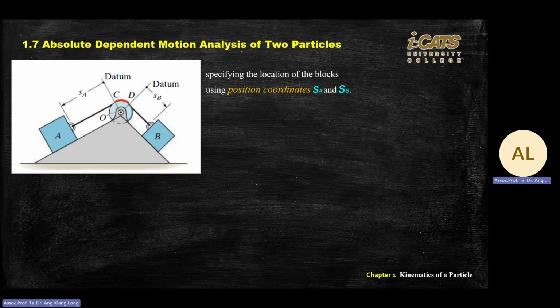The question will always give you the direction of the datum. For object A, sA positive goes downward. For B, positive goes downward to the right. sA is the distance traveled, the displacement.